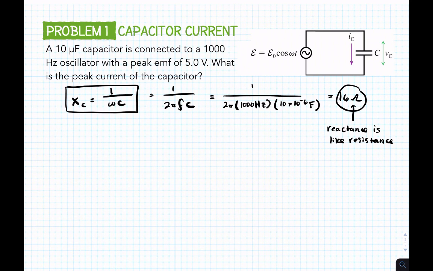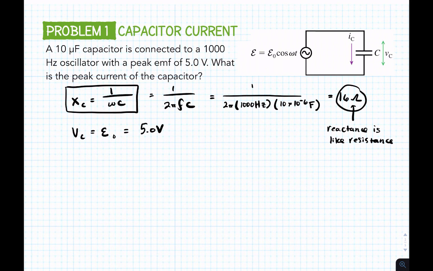Now we have our resistance, and if we want to figure out our peak current, we say I sub C is equal to V sub C over X sub C. Now what determines what the voltage will be across the capacitor? The voltage source, right?